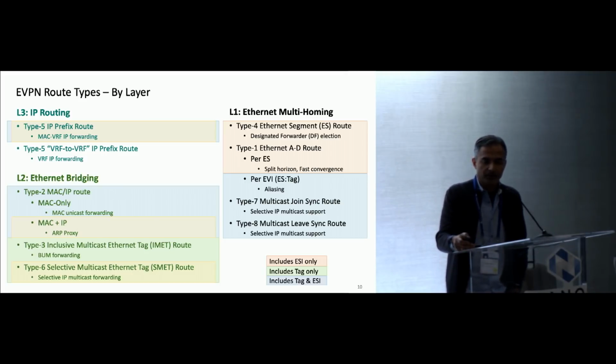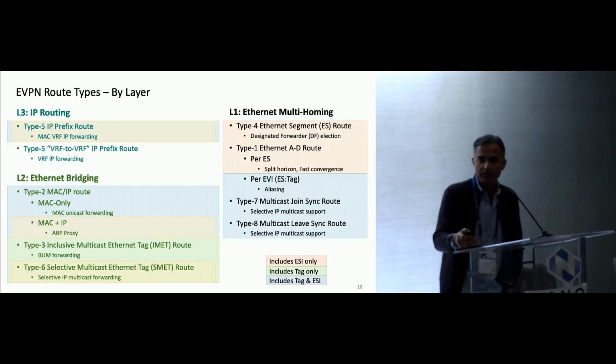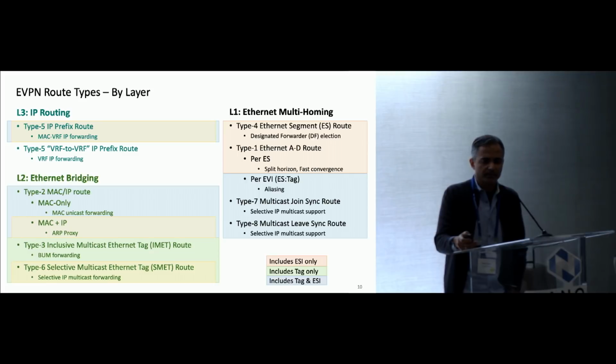And that's one of the interesting things about EVPN versus others. There is a very nice integration between these layers in EVPN, and that's sort of what makes it as robust as it is. It actually takes into account the relationship between layers.